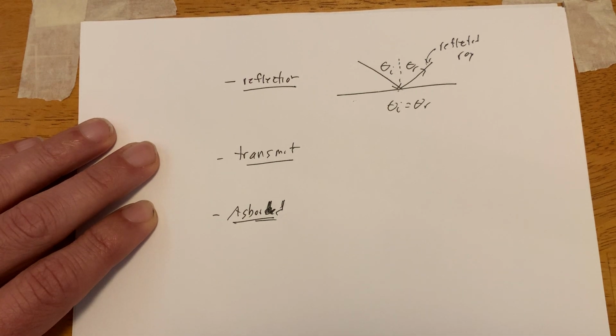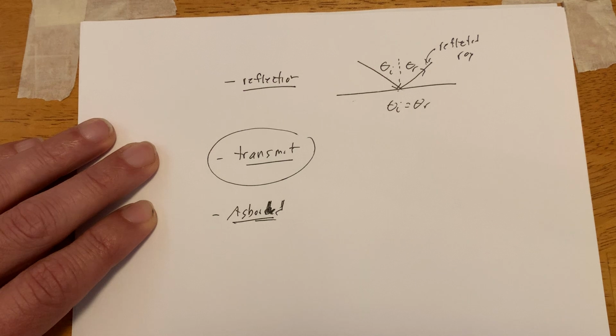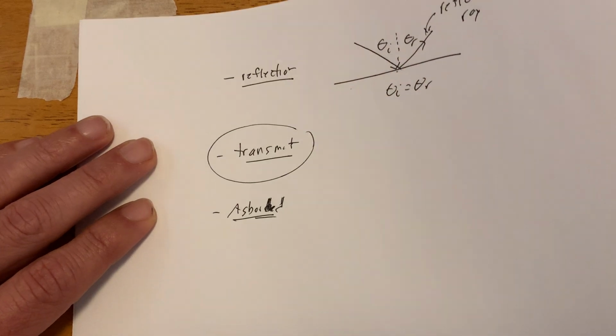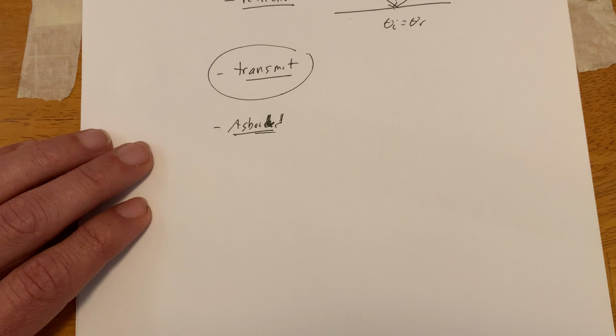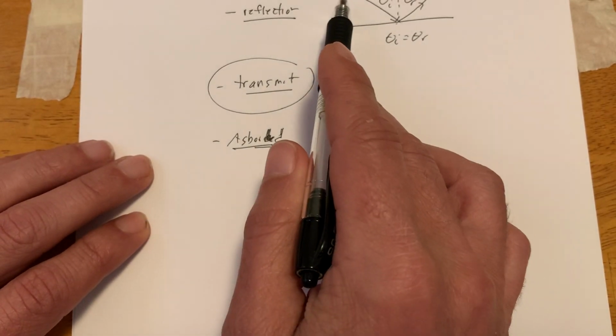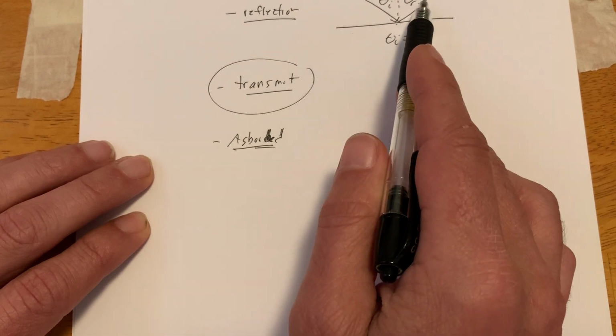The next part of light that we're going to look at is the transmitted wave. However, I have to give you a little bit of background before we can really talk about it. Here we talked about the reflected wave that hits the mirror, comes in, goes out.